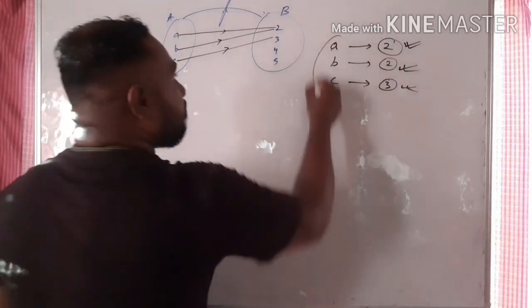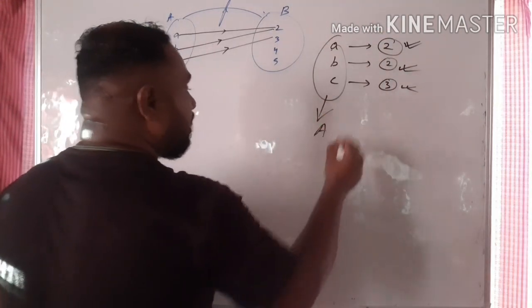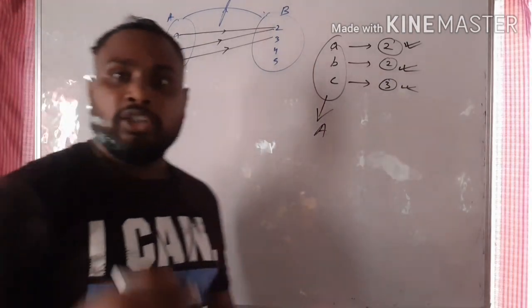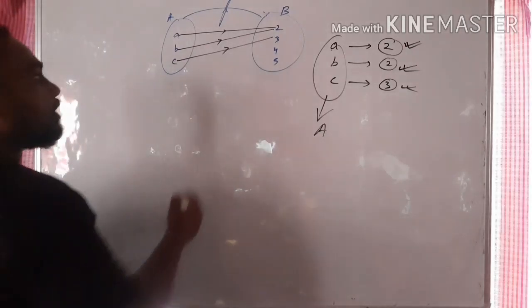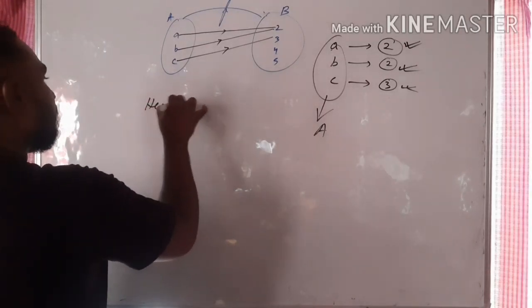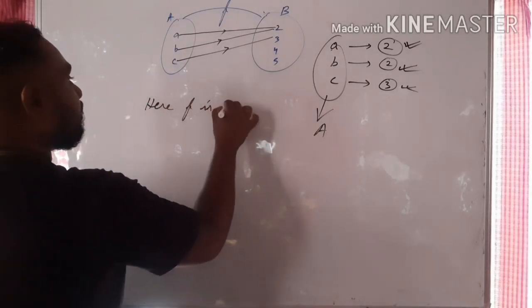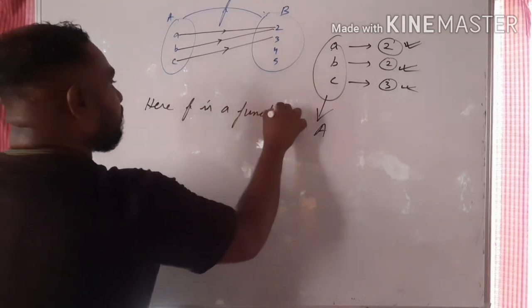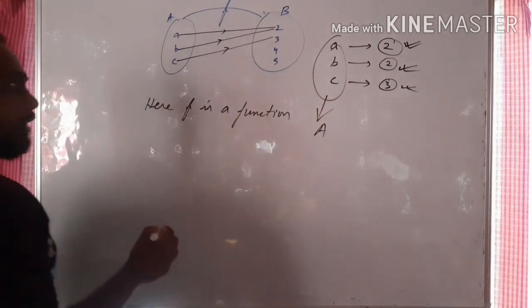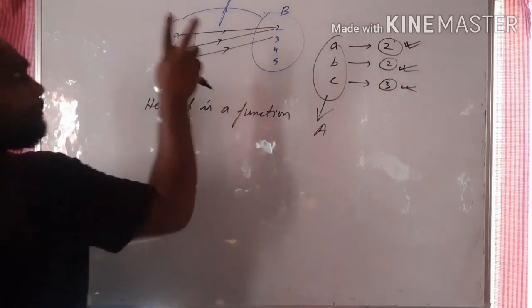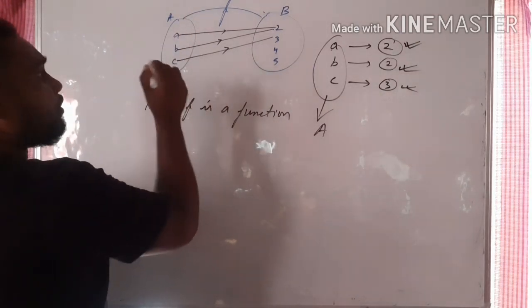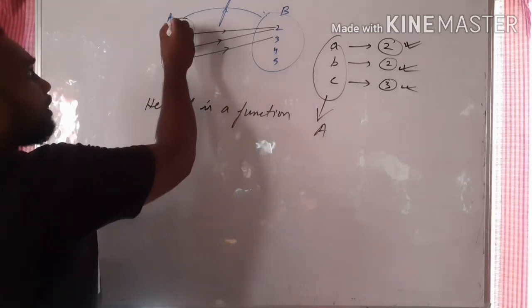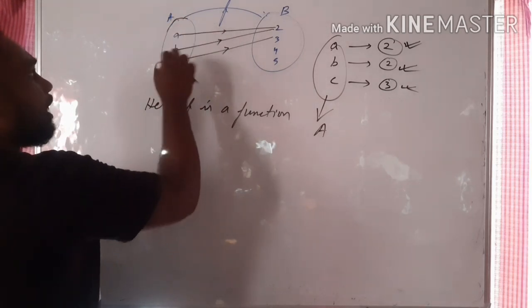So all the elements of A are associated to a unique element in B, and therefore this mapping becomes a function. Here f is a function. In order to check whether a mapping is a function or not, you have to see whether all the elements of set A are related.